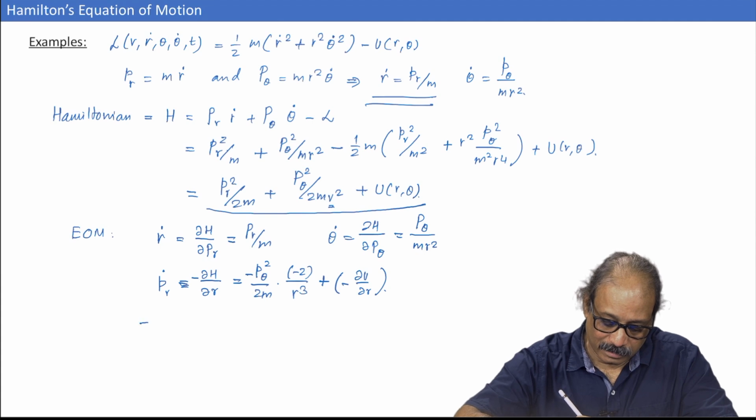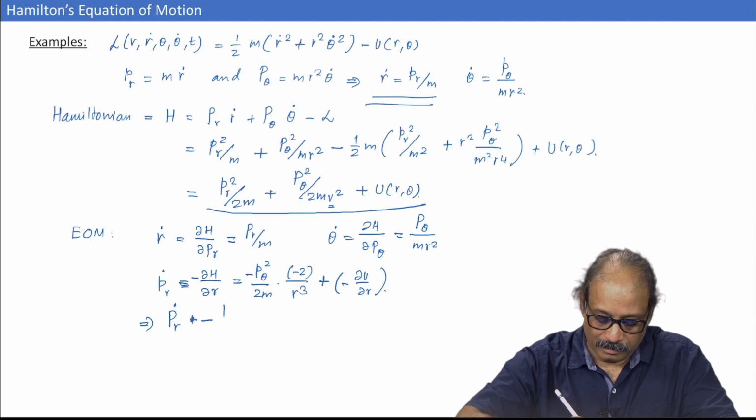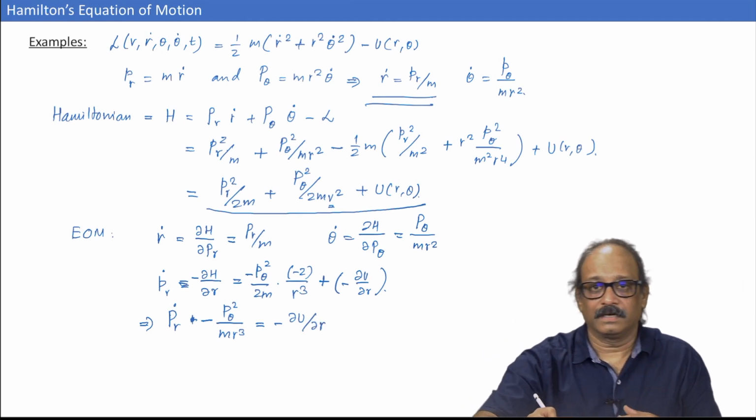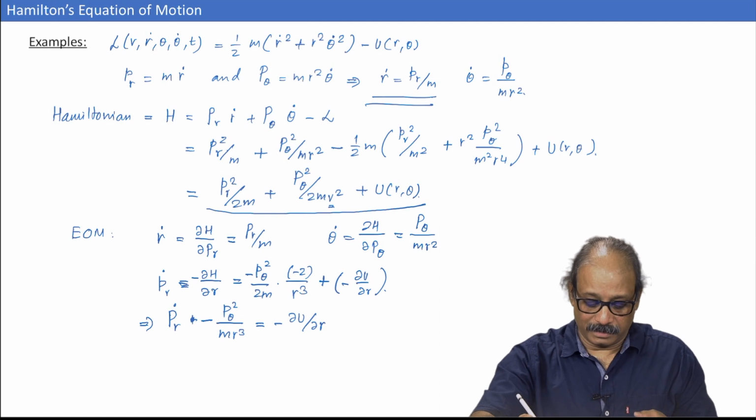And this of course will become p_r dot equals p_theta square over m r cube minus del u by del r, and you can see that this is the familiar form of the equation in terms of p_r and p_theta.